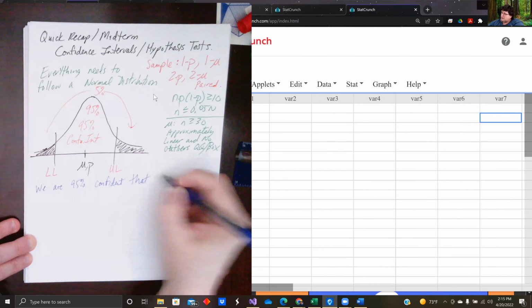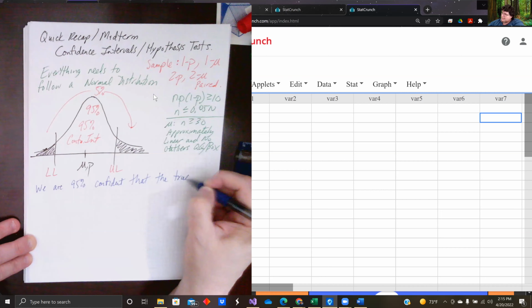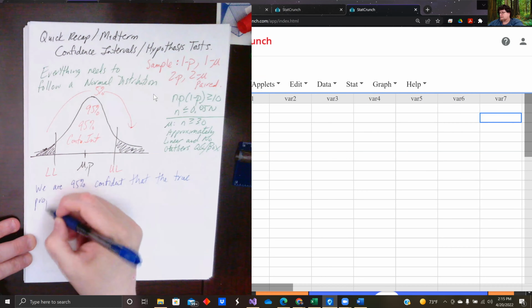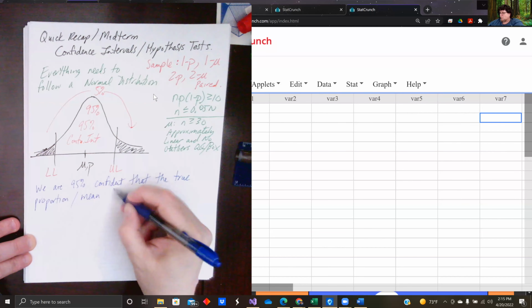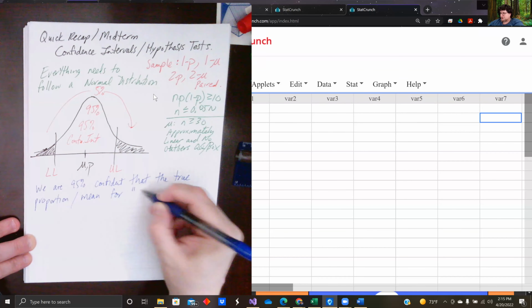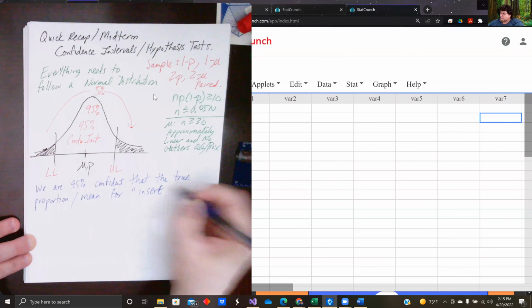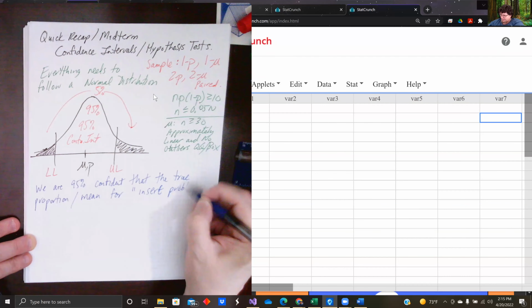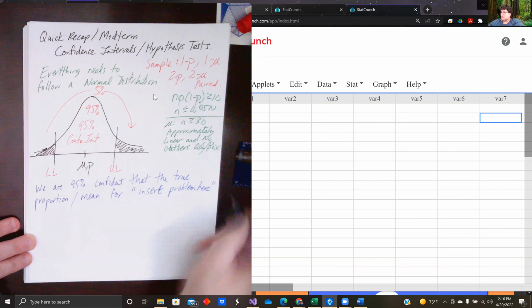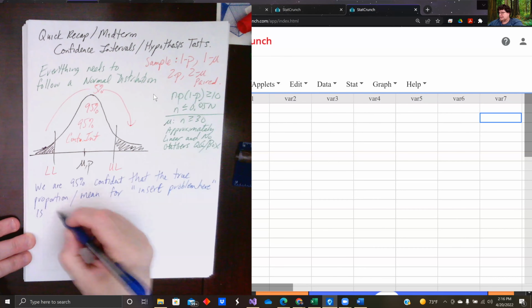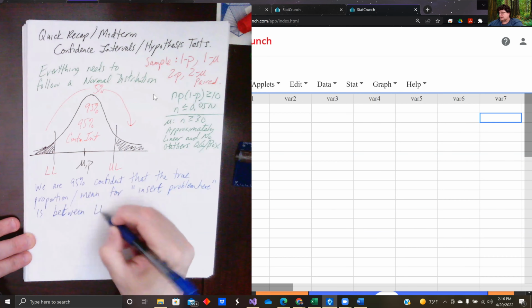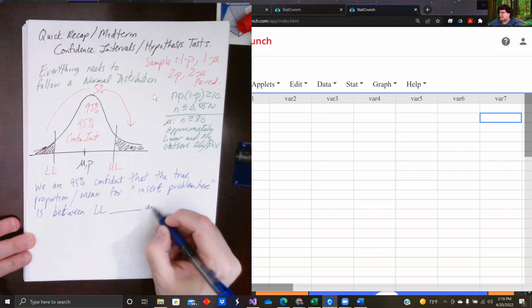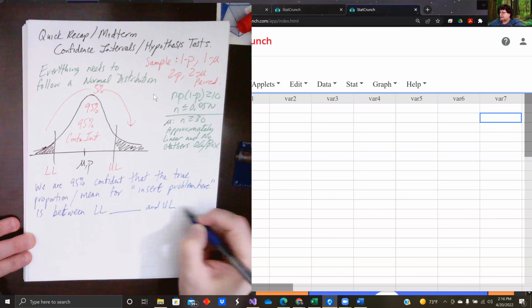that the true proportion or mean for the problem info here is between the lower limit, and we give the value, and the upper limit, and we'd give the value.